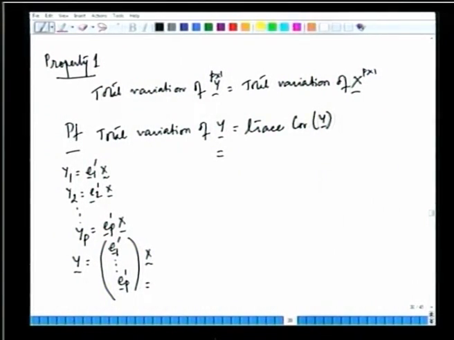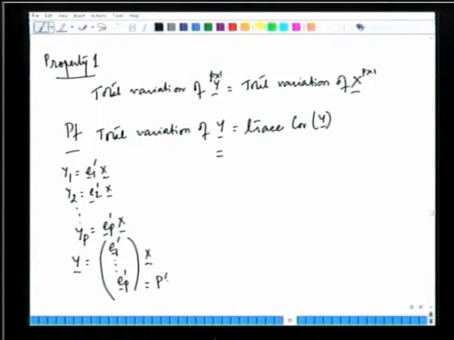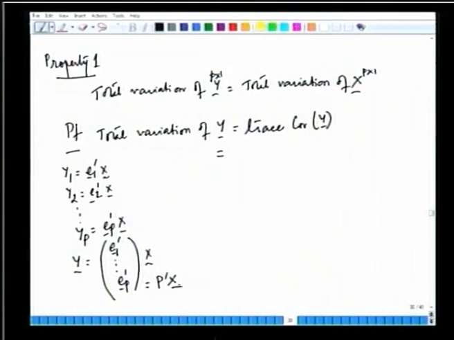If you recall, this is nothing but our P transpose matrix, because the columns of the P matrix are nothing but the orthonormal eigenvectors E1, E2 to Ep. So, this is nothing but P'x, which equivalently gives x equal to Py, but I can handle the situation with this relation. So, this is the trace of the covariance of P transpose x.